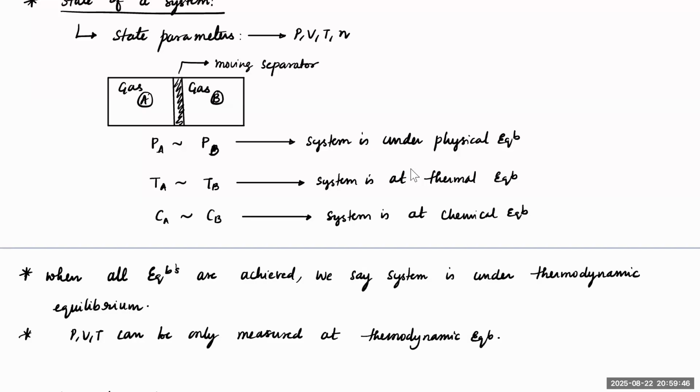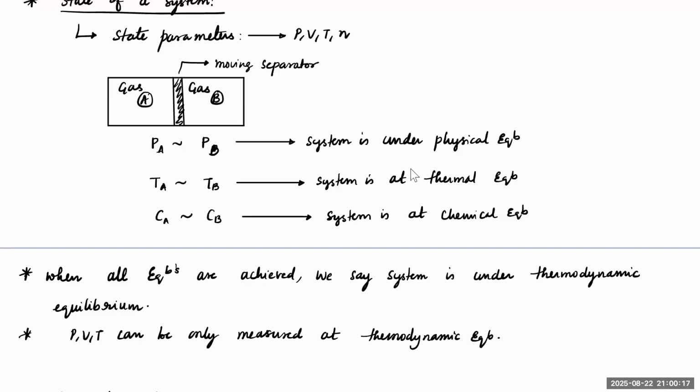Now, second thing, if this moving separator is a diathermic wall, we can expect that there could be heat exchange between the two chambers, chamber A and chamber B. And imagine as the heat keeps exchanging, what is the parameter that changes?